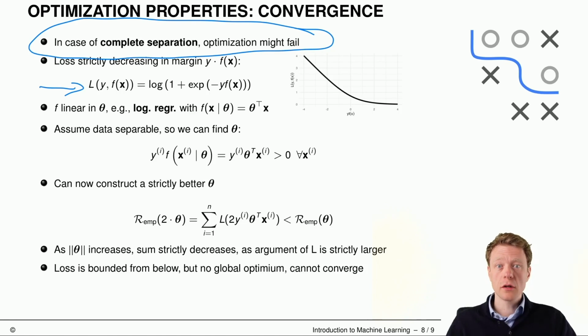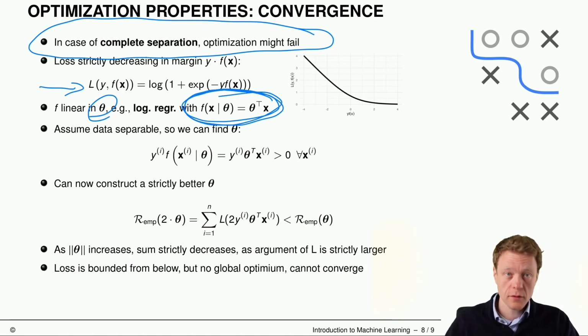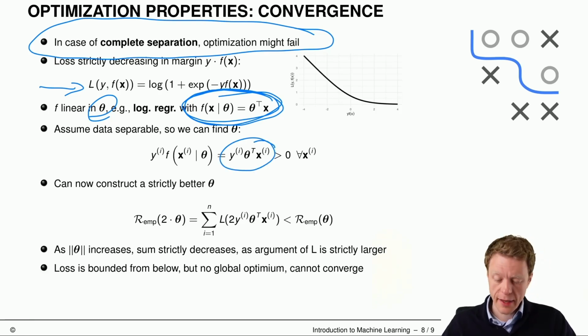If we use a model f that is linear in theta, so for example, logistic regression does this. So we say the model f is just theta transposed times x. Then the following happens. If the data is perfectly separable, this means that y times f, so the margin, which is then y times theta transposed x, is positive for all instances of the data set.